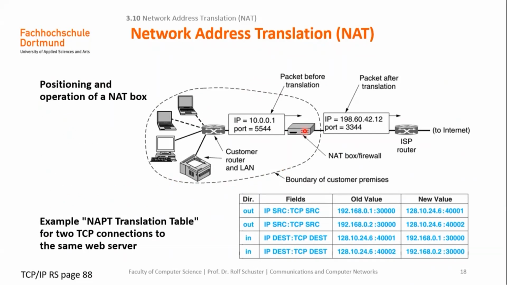This is the private network, and this is the internet. This is the router of the internet service provider, typically in the premises of the client. There is a line connection between the firewall of the private network and the router of the internet service provider.